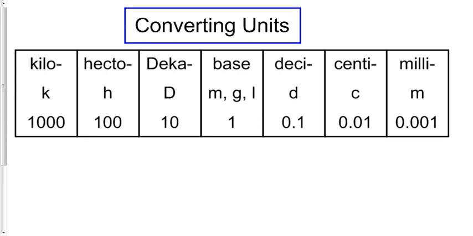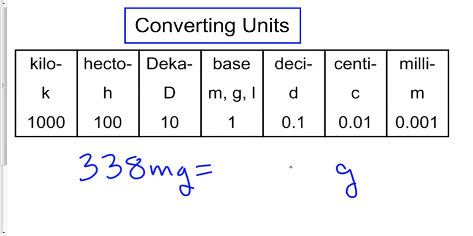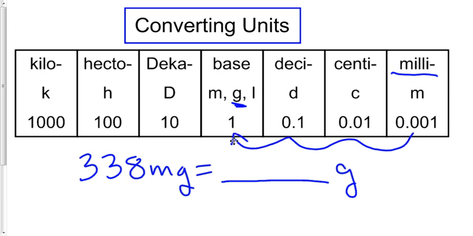So let's talk about how we would convert these units. Let's say I had 338 milligrams, and I was curious, how many grams is that? This chart helps me because I look here, here's my milligrams, and I'm moving to get to grams right here. I'm moving 1, 2, 3 times to the left from milli to grams.